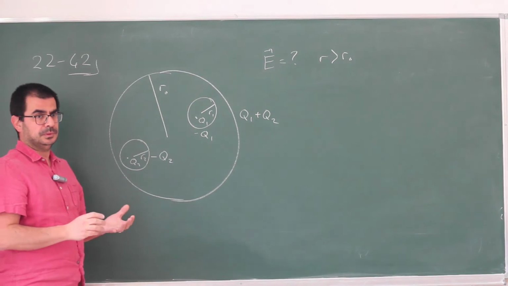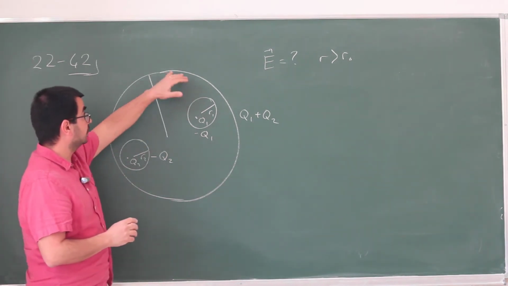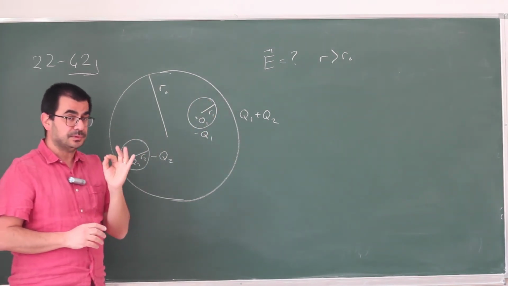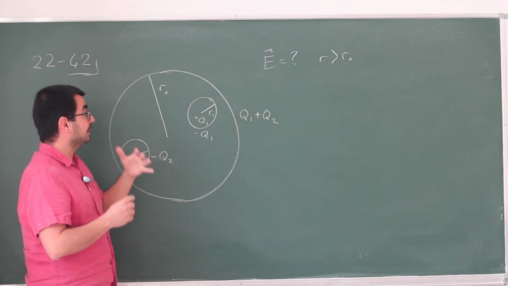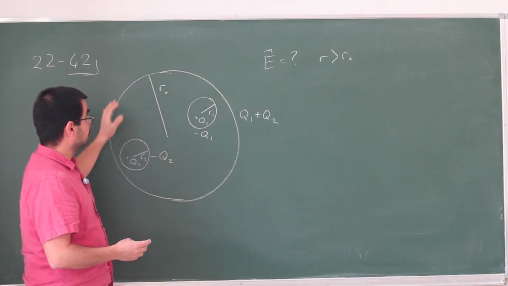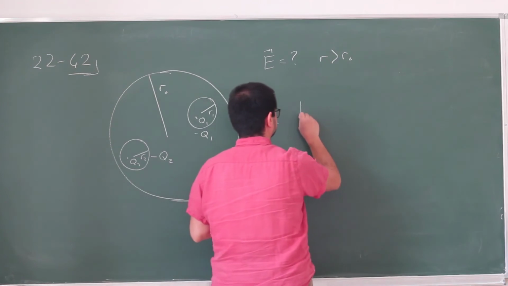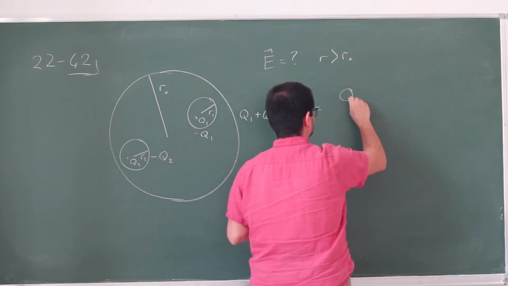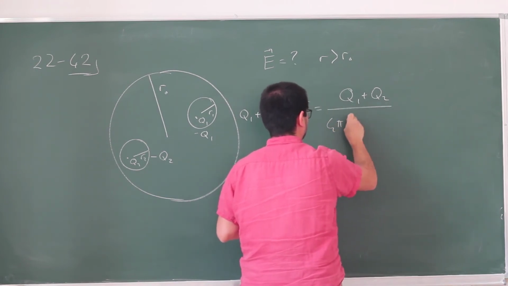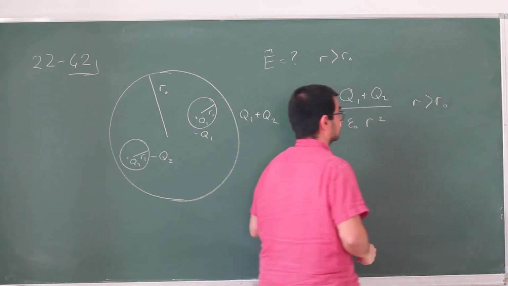So even though the problem itself is not spherically symmetric, strictly speaking, the charge distribution on the outer surface is going to be spherically symmetric, and that is the only factor that is going to determine the electric field. So this spherically symmetric charge distribution is going to act like a point charge, and the electric field strength is going to be Q1 plus Q2 divided by 4 pi epsilon naught R squared if R is larger than R0.